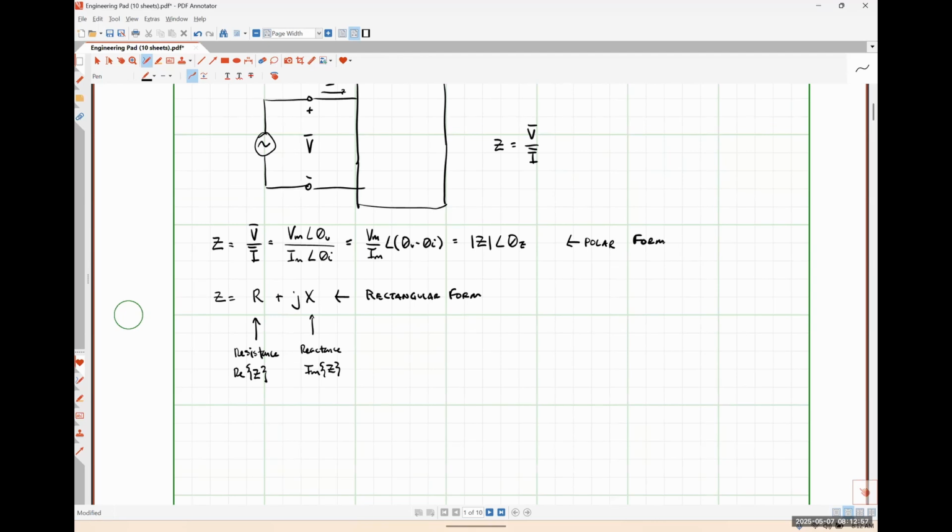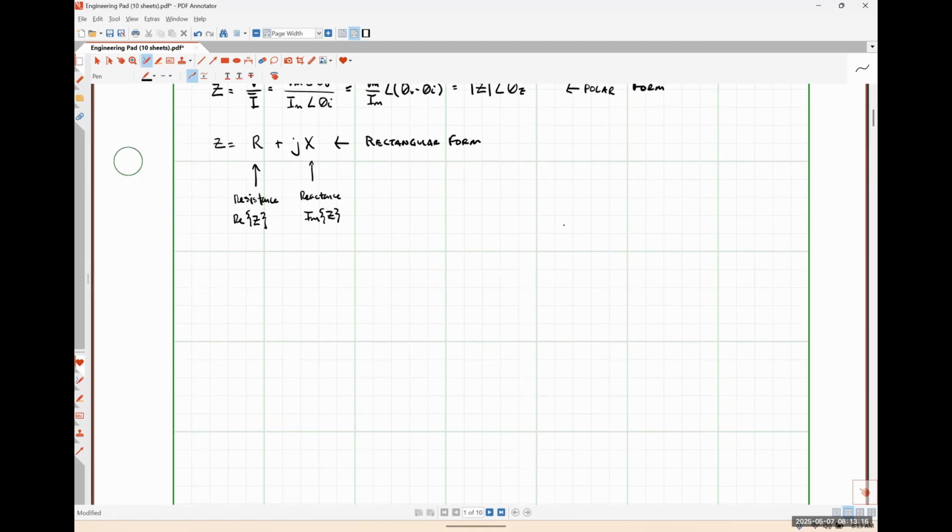So what I want us to do is use those relationships that we developed at the end of our last class meeting and see if we can figure out what the impedance of a resistor, an inductor, and a capacitor look like, okay? So for a resistor, we learned the following things.